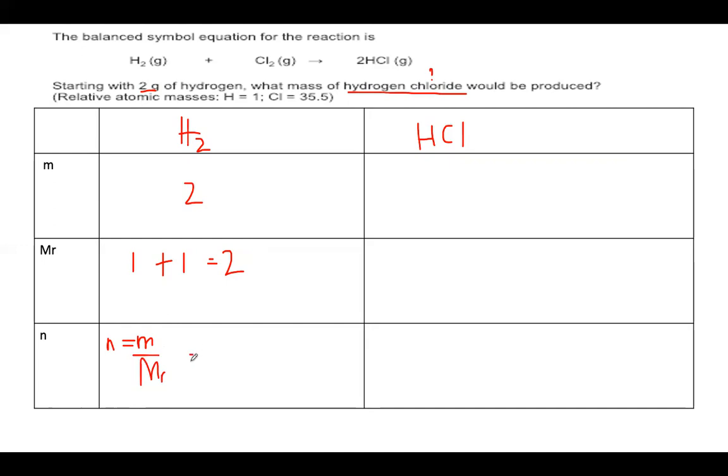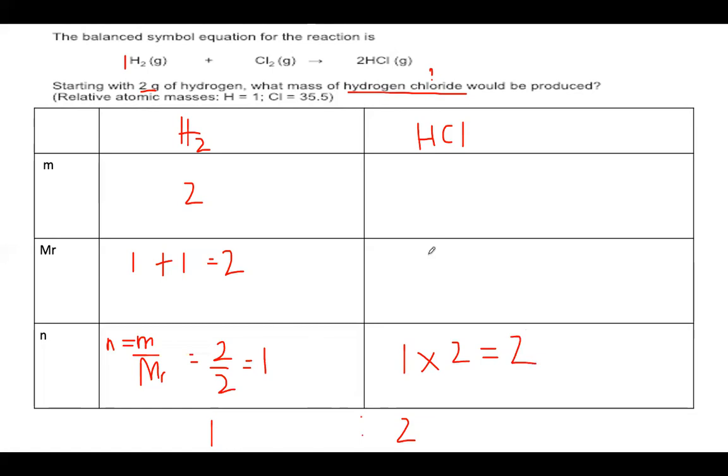So mass is 2, relative formula mass is 2, so that's equal to 1. Now our ratio, we've got the big number at the front of here is a 1, and the big number at the front of here is a 2, so our ratio is 1 to 2. That means there's going to be twice as many moles of hydrogen chloride, so we go 1 times 2 is equal to 2.